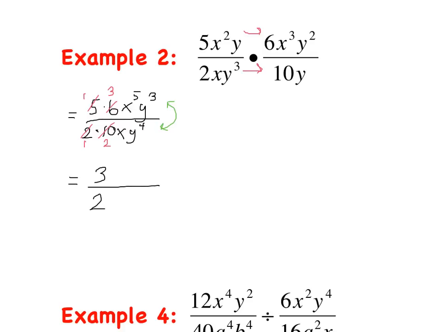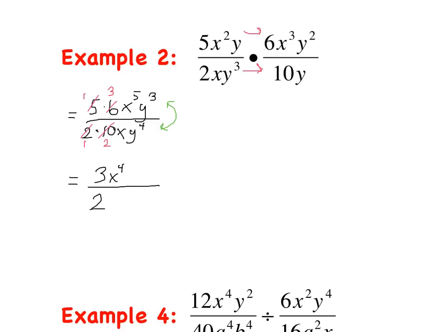Now let's combine our x's. We have an x to the 5th over an x to the 1st. Well, there are more x's in the numerator, so x's will stay in the numerator. 5 minus 1 will give us x to the 4th in our numerator. And now let's take a look at our y's. Y cubed over y to the 4th.